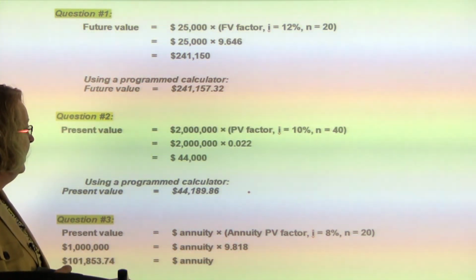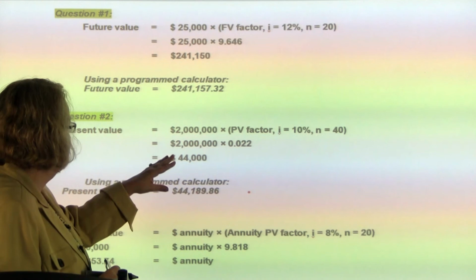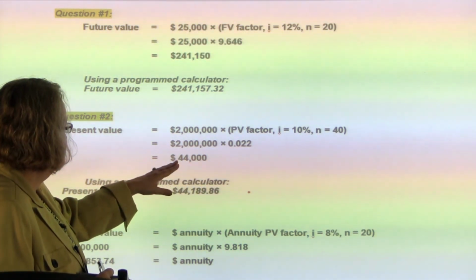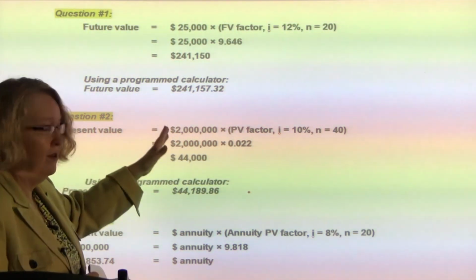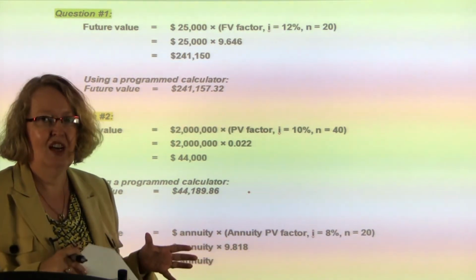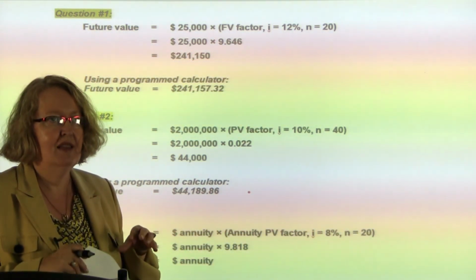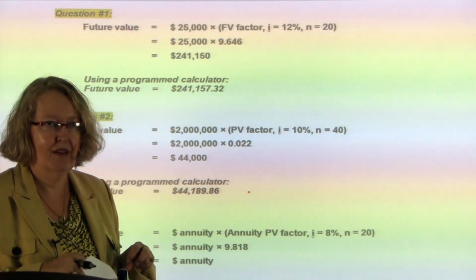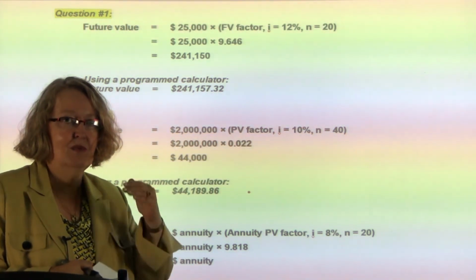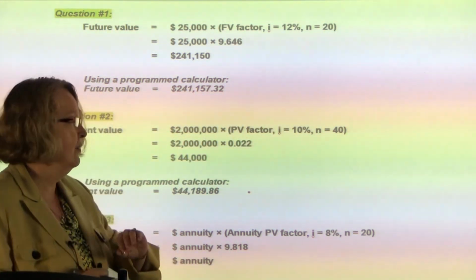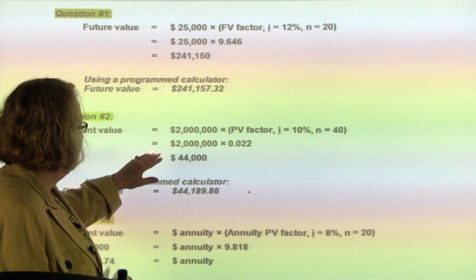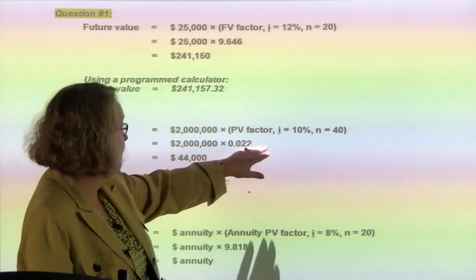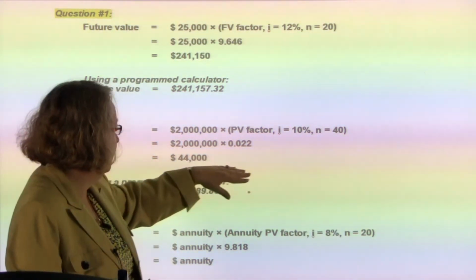So here again, you're going to look up your present value factor. Here it's present value; before it was future. Whenever you're calculating how much something is worth now, it's present value, whereas if you're looking at how much this is worth in the future, you're using future value tables. So 2 million, and we're looking at interest rate 10 and n equals 40.